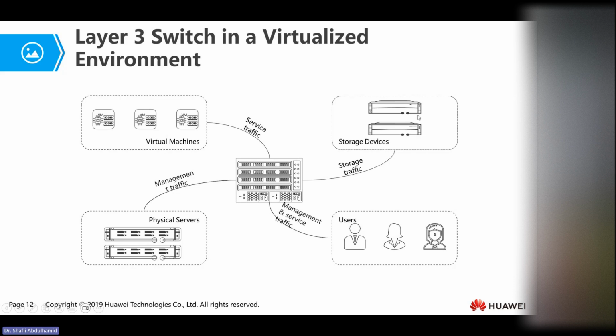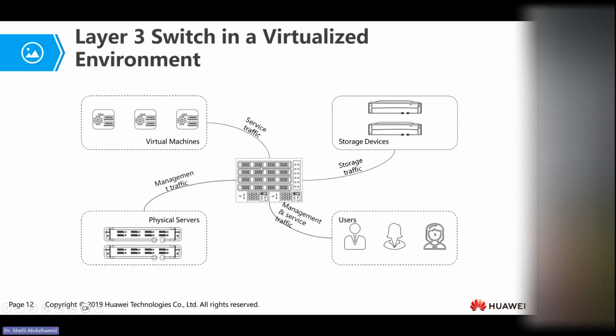You can have a connection with storage devices, like data centers. And we can have a connection, of course, with virtual machines. So all these connections can be rerouted through the router by a layer 3 switch.